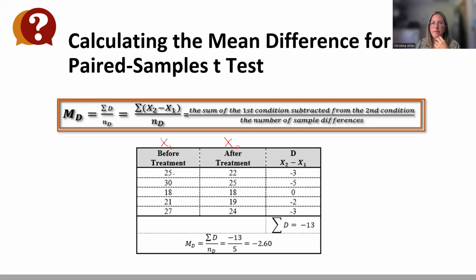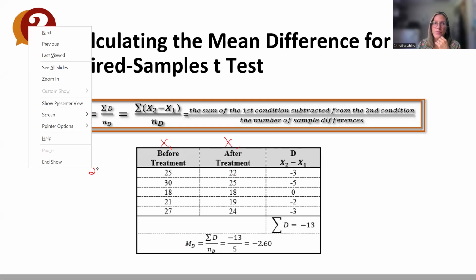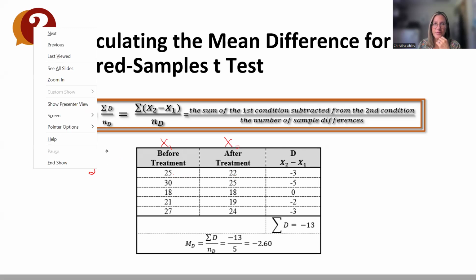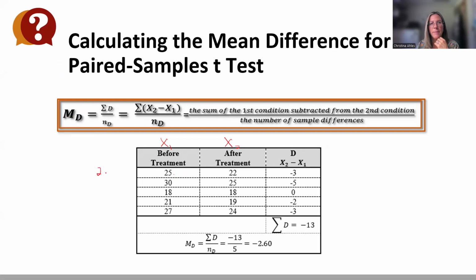Think of it this way: if your score was 25 before and 22 after treatment, your score went down by 3 points. So this is a -3. In actuality, you should be doing 22 minus 25.